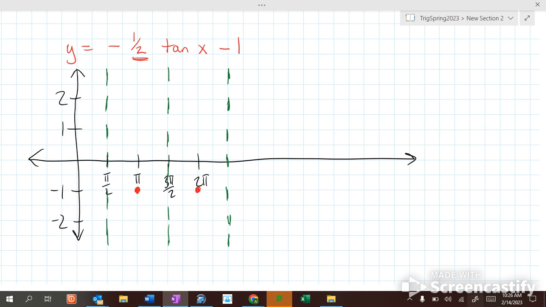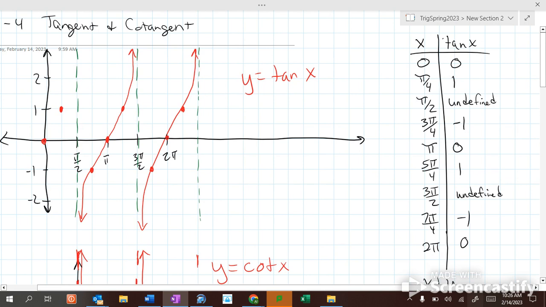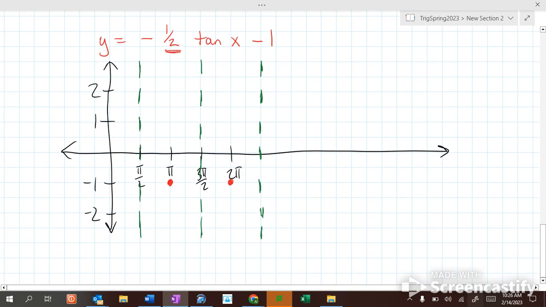All right. So normally on the tangent, halfway between my first dot and my asymptote, I'm up here by 1, right? Go up by 1. But if I multiply this 1 by a negative 1/2, where will I end up? Negative 1/2. I should end up right there. And then what's going to happen to that?